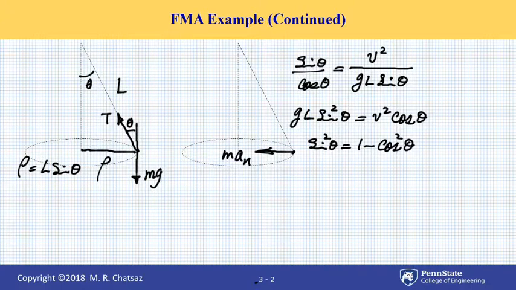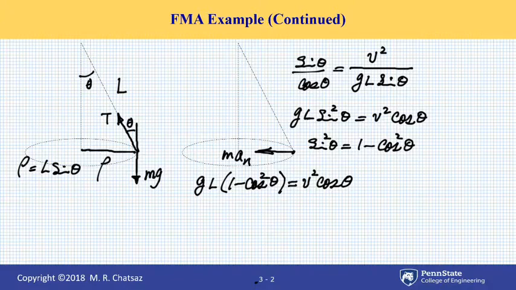The left side of the equation is going to be g L times 1 minus cosine squared theta, equal to v squared cosine theta. Observe that this is an equation in quadratic format.